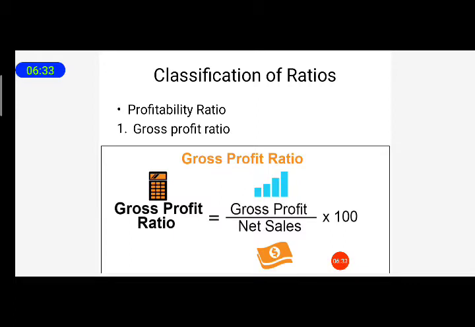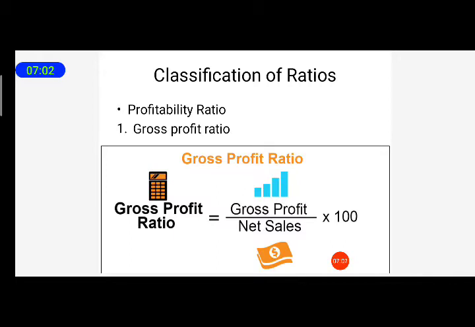A measure of profitability is the overall measure of the company with regard to efficient and effective utilization of resources. Profitability ratios indicate the effectiveness of decisions taken by the management.